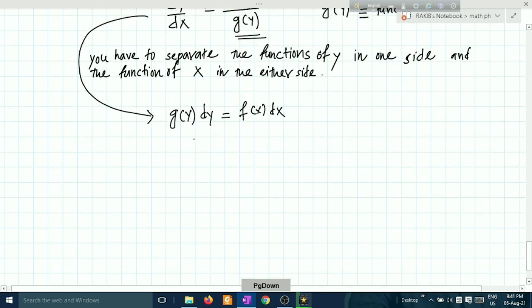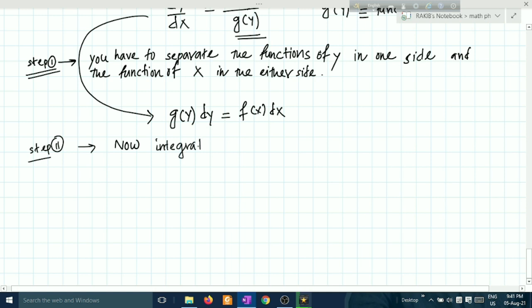Now, you can write this as step 1, that is separate, and step 2, integrate. Just give the integration sign: integral of g of y dy equals integral of f of x dx.